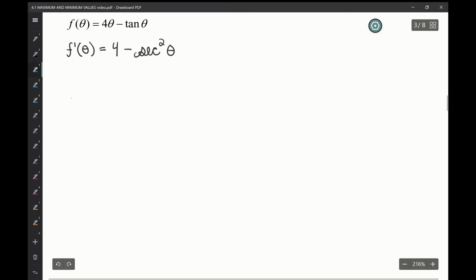Let's check where this derivative is undefined. So f prime of theta is undefined when that secant squared theta, so when that secant theta is undefined.